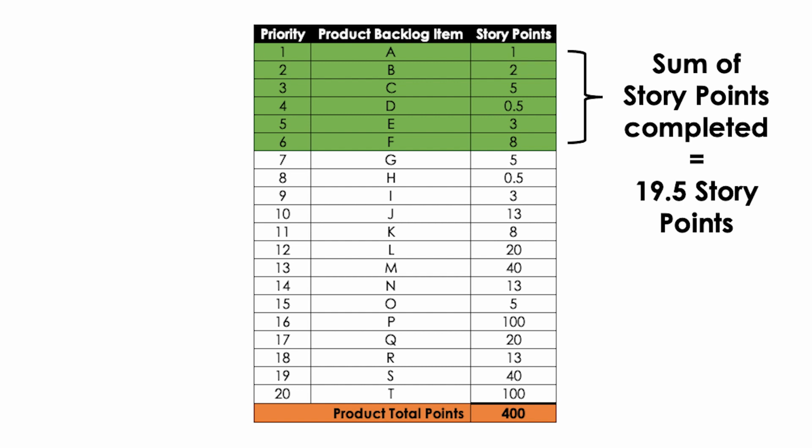So now we have 2 things. We have the total number of points within the product backlog. We've also got an idea of how many points per sprint they can complete, or their velocity. So now let me take you through the calculation to figure out how long it is going to take this team to deliver this entire product backlog.